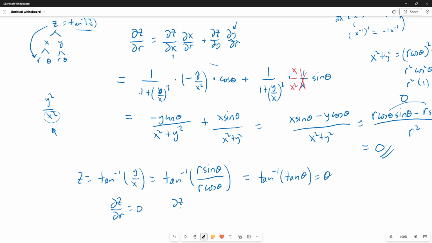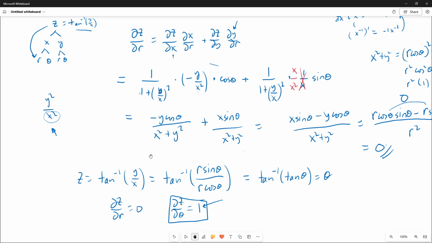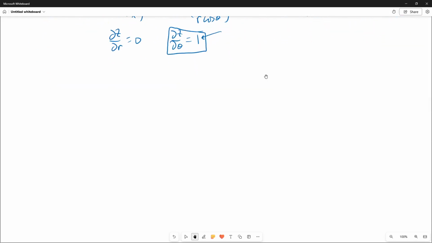And the derivative of z with respect to theta should be 1. That we haven't calculated yet. So let's now do the second part of the problem and calculate dz d theta using the chain rule, and we should get 1. So let's recall that z was equal to the inverse tangent of y over x.